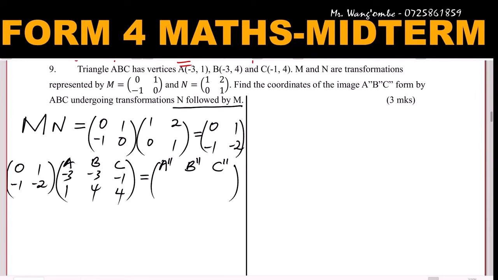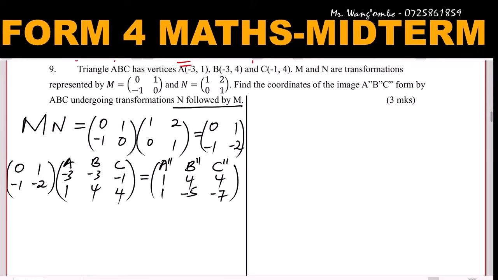So when you multiply these, this will give 1. Row 1, column 2, this will give 4. This will give 4. Then the second one will give, this is 3 minus 2. This will give 1. Then we have 3 subtract 8. This is negative 5. And then we have 1 subtract 8, negative 7.